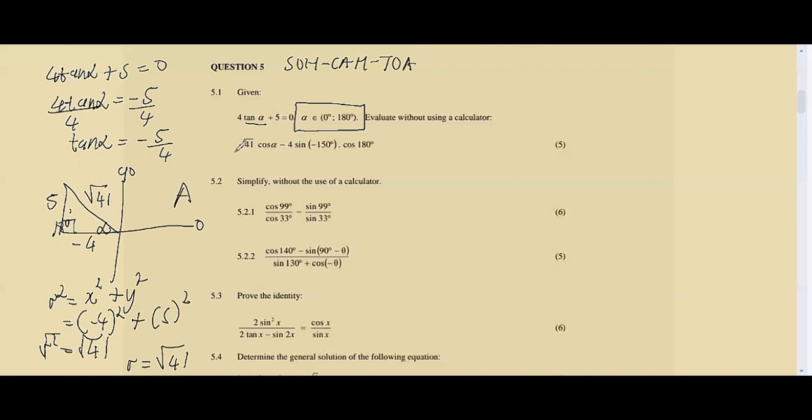That means we are ready to calculate this one. We have root 41 cos alpha minus 4 sine negative 150 degrees cos 180 degrees. Cos alpha gives us adjacent over hypotenuse.